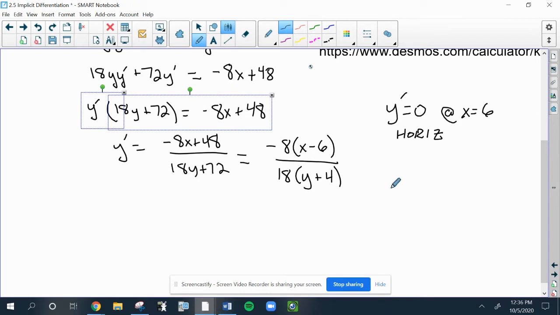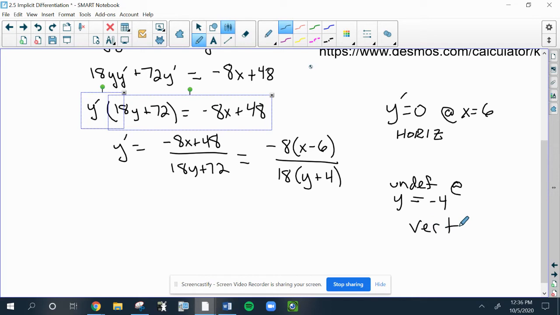The vertical tangent lines are where the slope or derivative is undefined, or where the bottom equals 0. So undefined at y equals -4. Those are vertical.